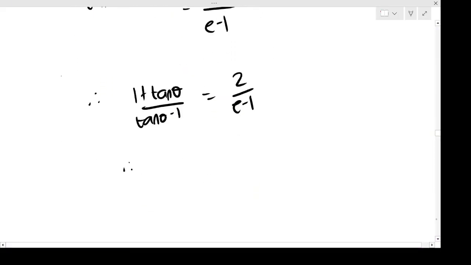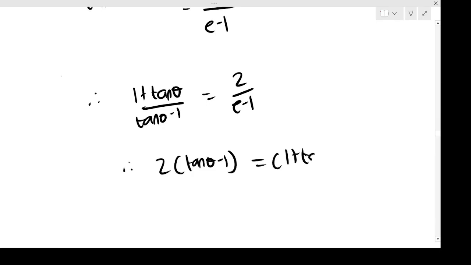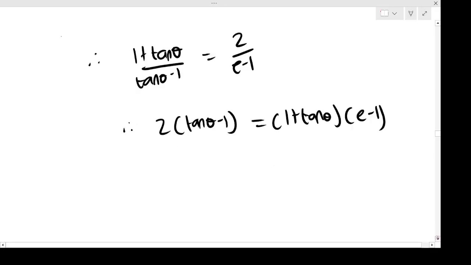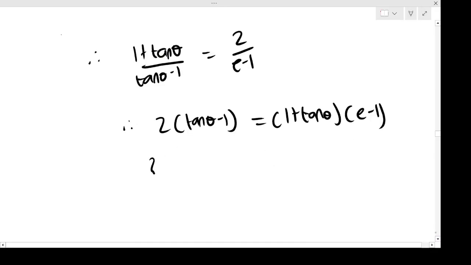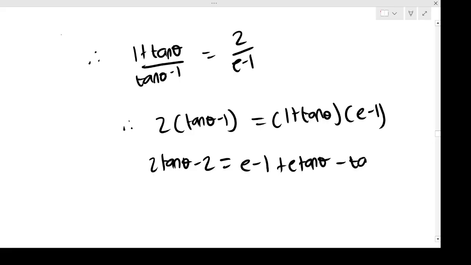If I cross multiply, I get 2 lots of tan theta minus 1 is 1 plus tan theta lots of e minus 1. So if I expand, I get 2 tan theta minus 2 is e minus 1 add e tan theta minus tan theta.